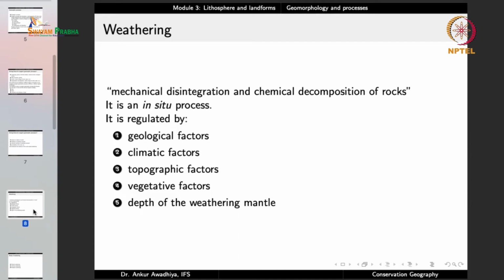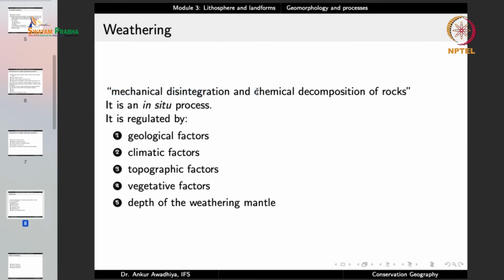What is weathering? Weathering is defined as mechanical disintegration and chemical decomposition of rocks. In this process, the rocks are getting mechanically disintegrated, that is, they are breaking up in a mechanical fashion.